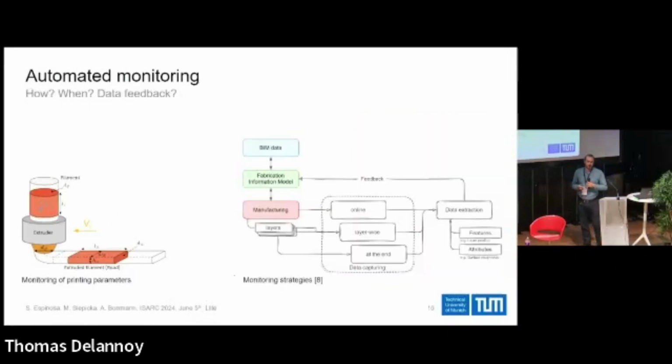Yeah, so how can we detect this? This is actually the core of the research. We want to do monitoring. And in our study, we focused on laser profiling. Then there's a question of when you do it and how.